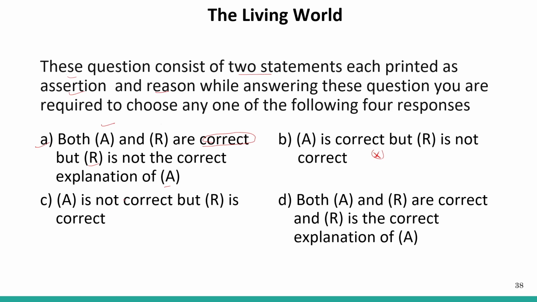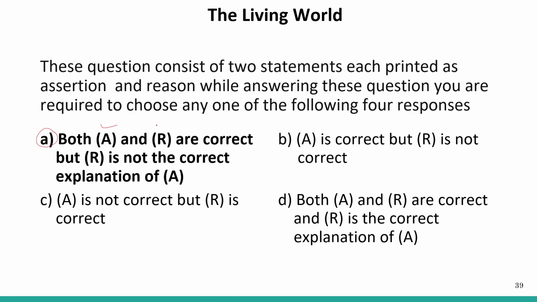Option C, A is not correct. We will exclude this too, because A is correct. Option D, both A and R are correct and R is the correct explanation of A. This option is also not correct. So what should be the answer? Option A: both assertion and reason are correct and R is not the correct explanation of A.